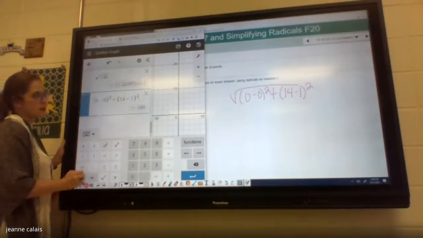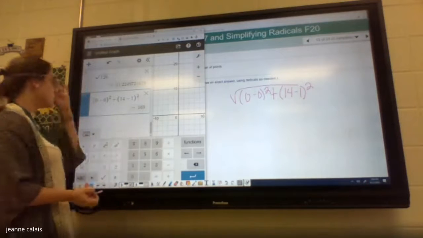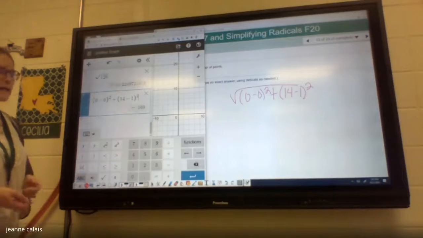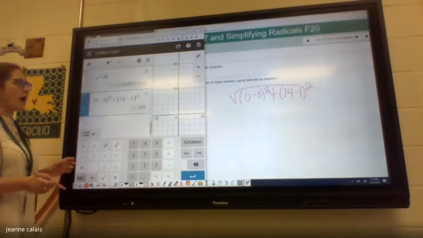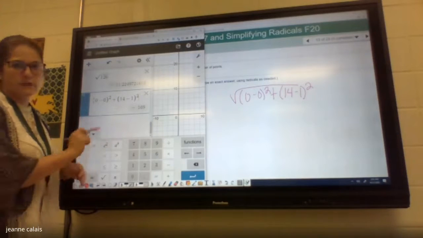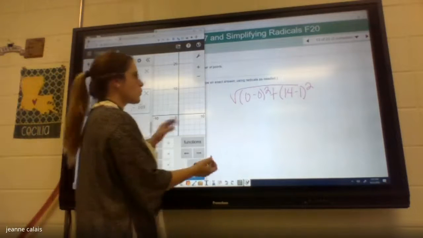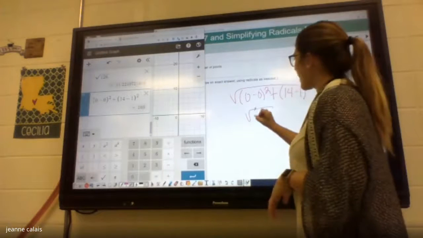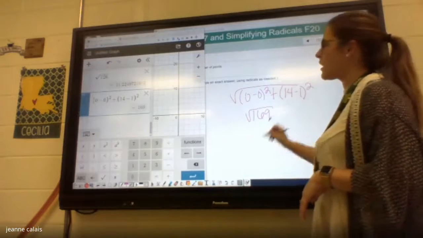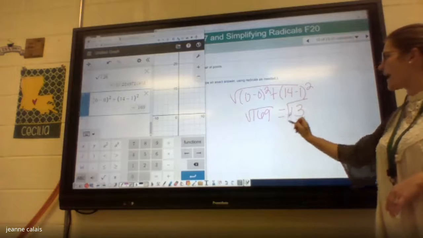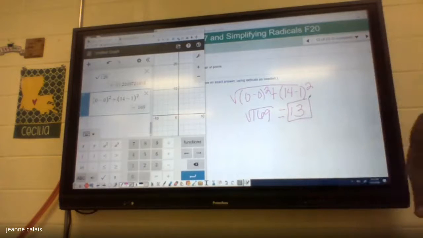So it's 169. You probably say, well, Ms. Colley, couldn't you have just realized that your x's were the same? Yes, you could graph it roughly and go that route. I just wanted to show you what to do here. So I have the square root of 169. I'll recognize that as a perfect square. So when I simplify, my answer is 13, okay?